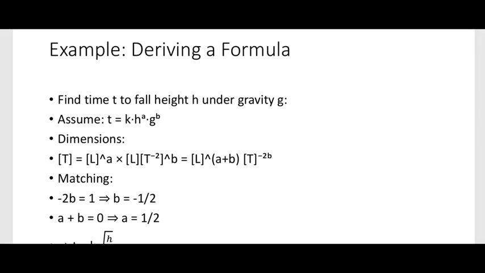So how can you derive a formula? We have a question: find the time t to fall from a height h under gravity. Let's say you have an object that is falling, moving in that direction from a certain height.